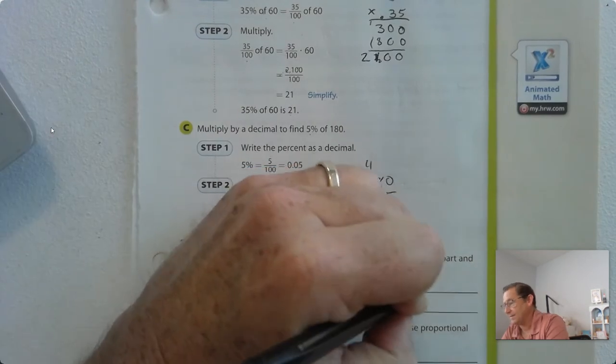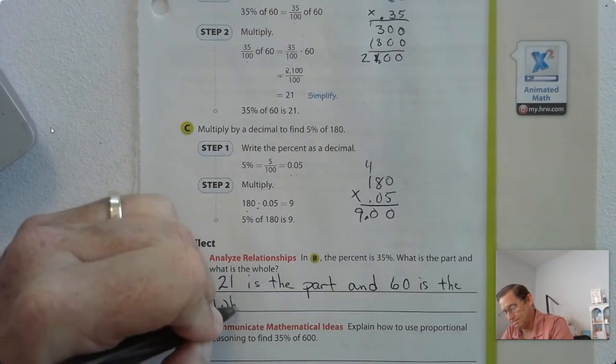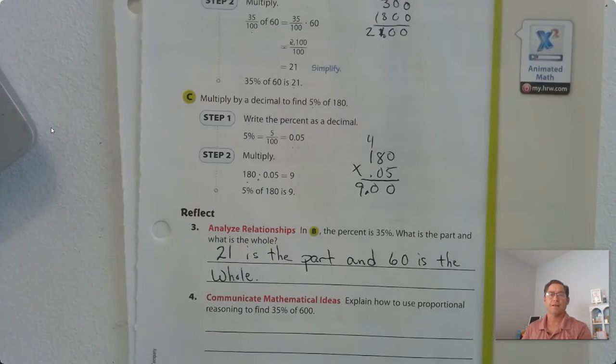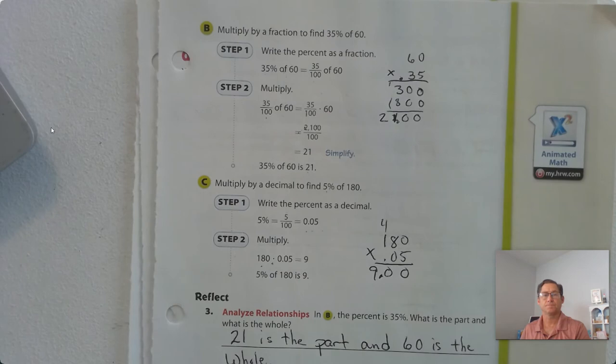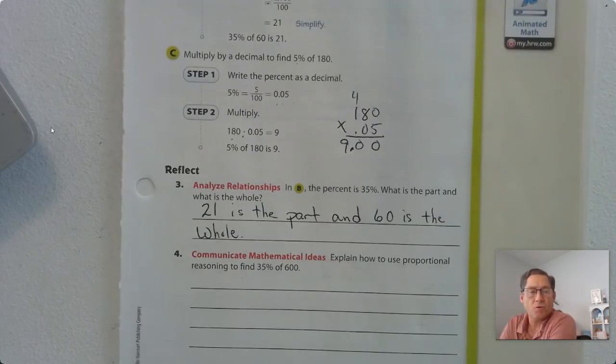And 60 is the whole. Explain how to use proportional reasoning to find 35% of 600.